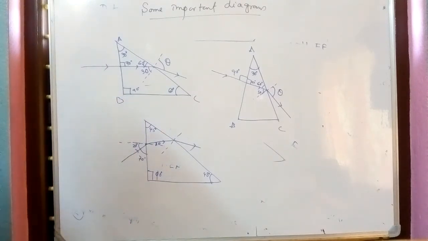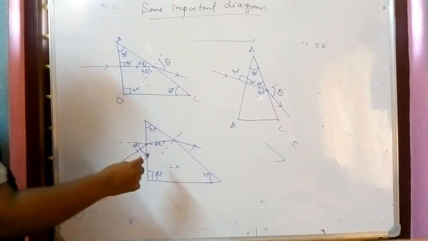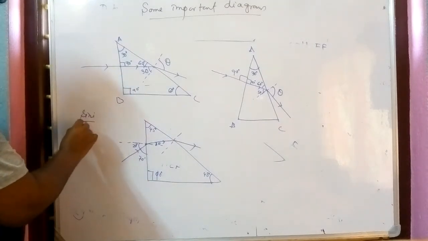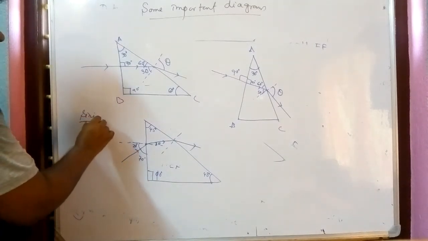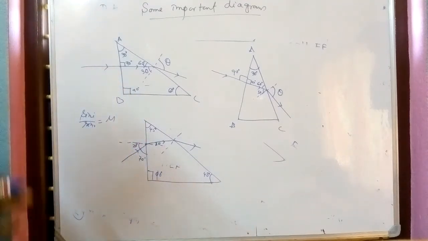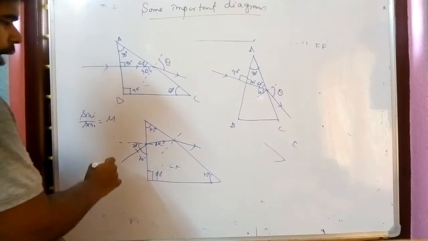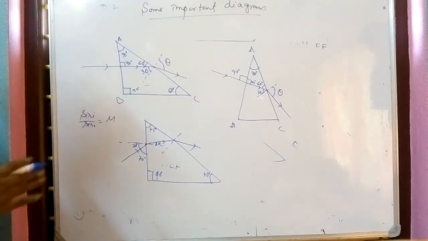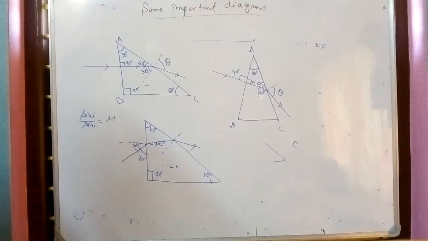Okay, if I want to find it out, we need to know the refractive index, then sin i by sin r equals mu, and by that we can find this theta, but it is not needed. Okay, so you have to follow the path, you have to see if the light ray is coming from rarer to denser, in which direction it will bend.